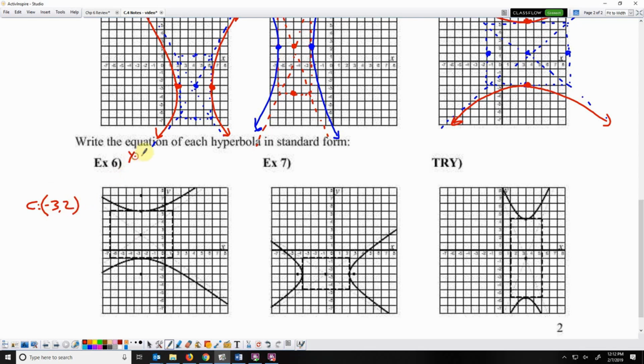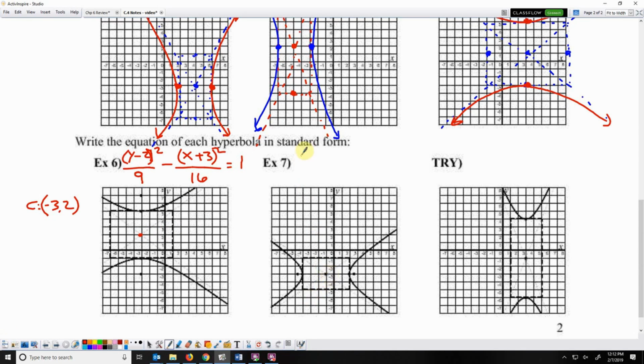So I've got y minus 2 squared over something, and then I've got x plus 3 squared over something equals 1. The vertical stretch, 1, 2, 3, 3 squared, is 9. The horizontal stretch, 1, 2, 3, 4, squared, is 16.